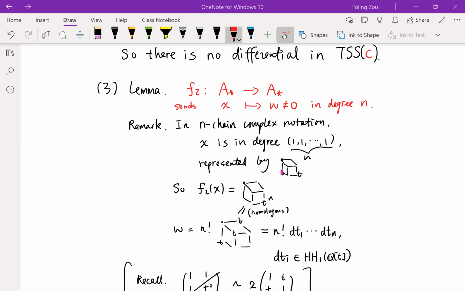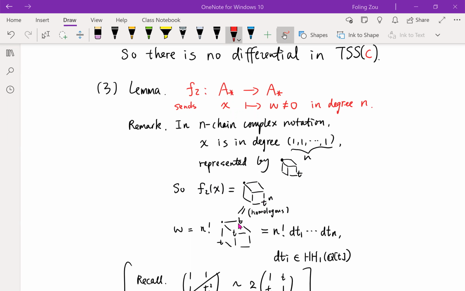And in this matrix, X has T at the slot with coordinates 1, 1, 1, and has 1 in all other slots. So this is a cube, which is the case when n is 3. And F2 of X will be this class because F2 sends T to T^m.